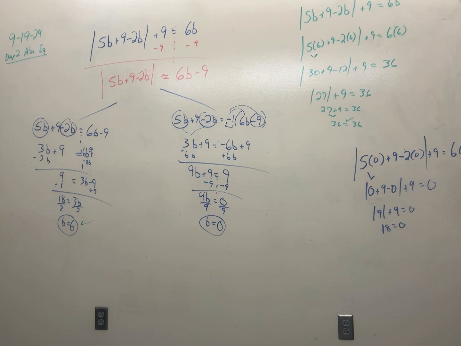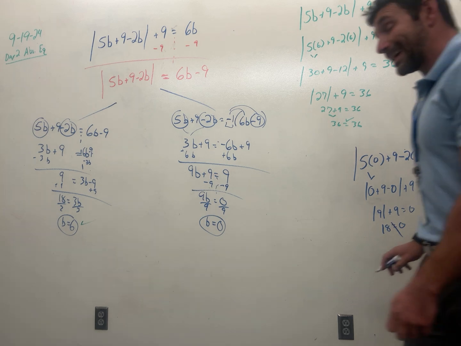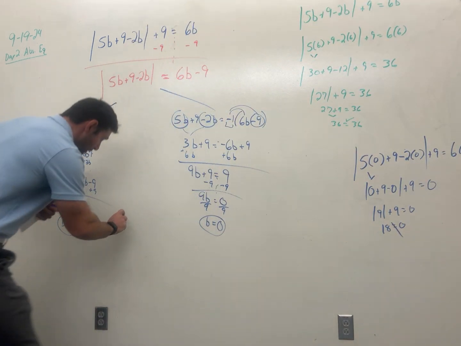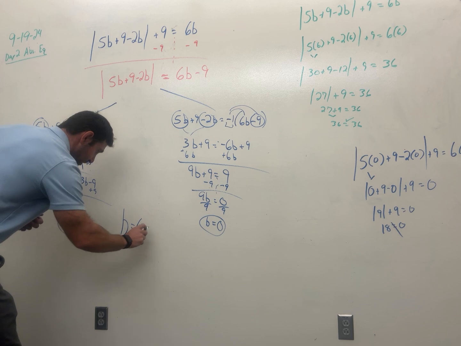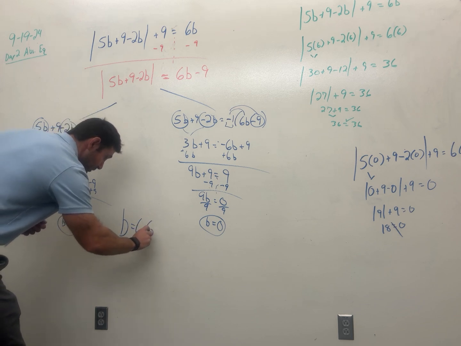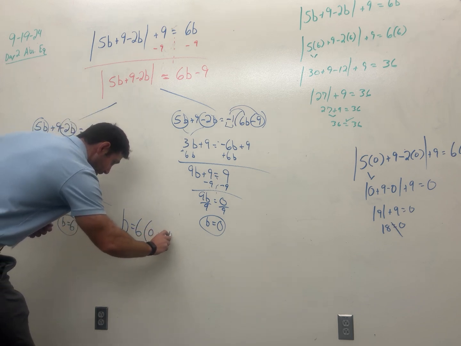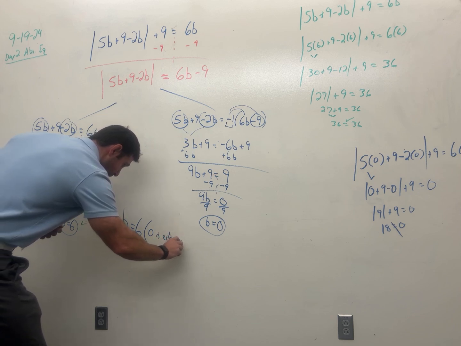Does 18 equal 0? No. So I can say b equals 6, and 0 is extraneous.